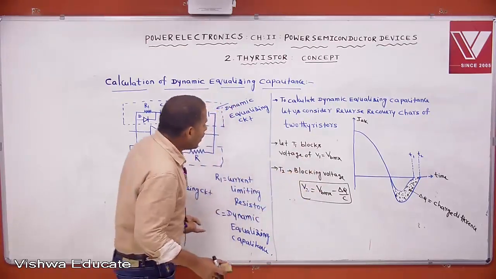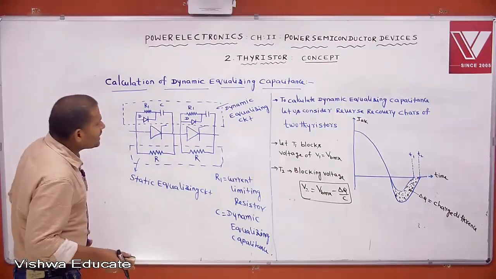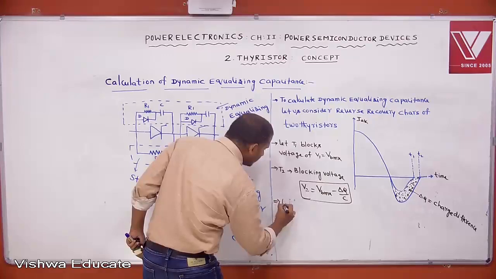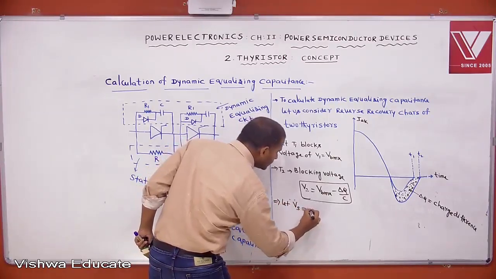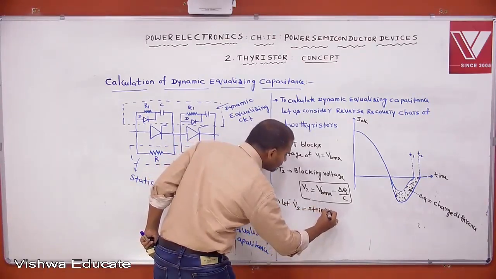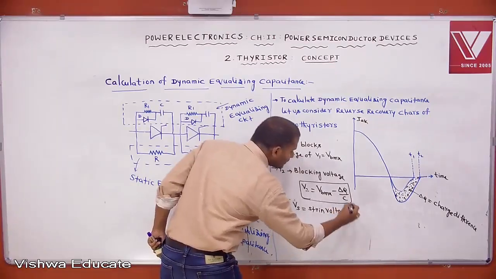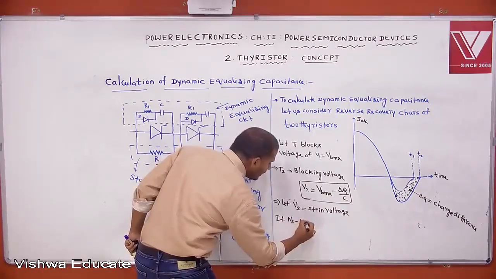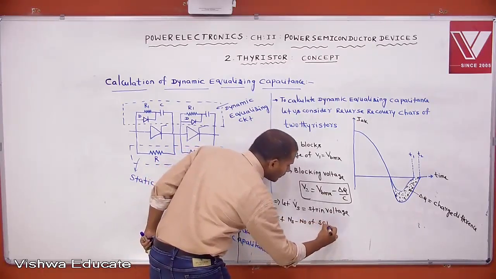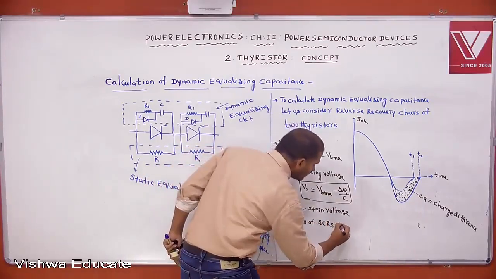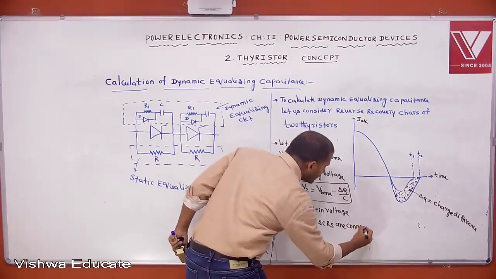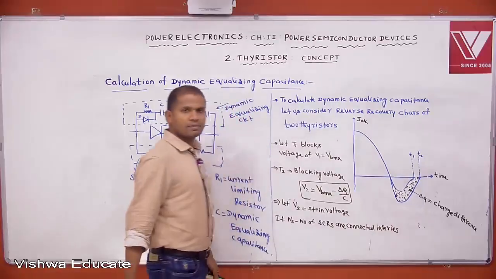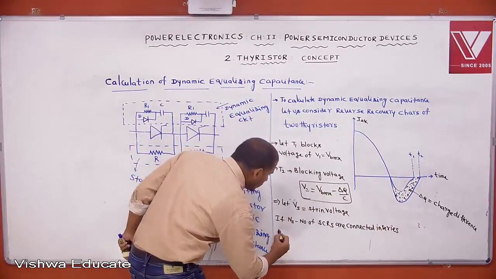Now let the total string voltage be Vs. If Ns number of SCRs are connected in series, then tell me what is the total string voltage?